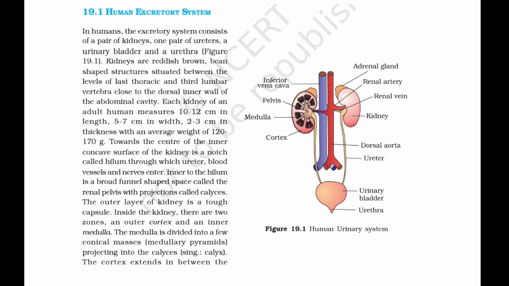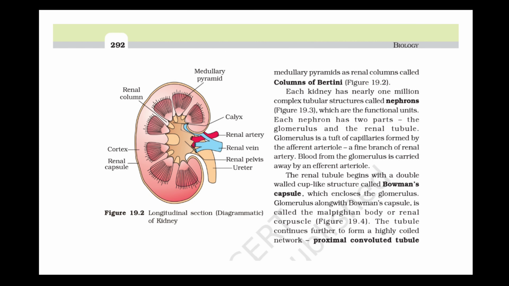The medulla is divided into a few conical masses, the medullary pyramids, projecting into the calyces (singular: calyx). The cortex extends in between the medullary pyramids as renal columns called columns of Bertini, referred to in Figure 16.2.